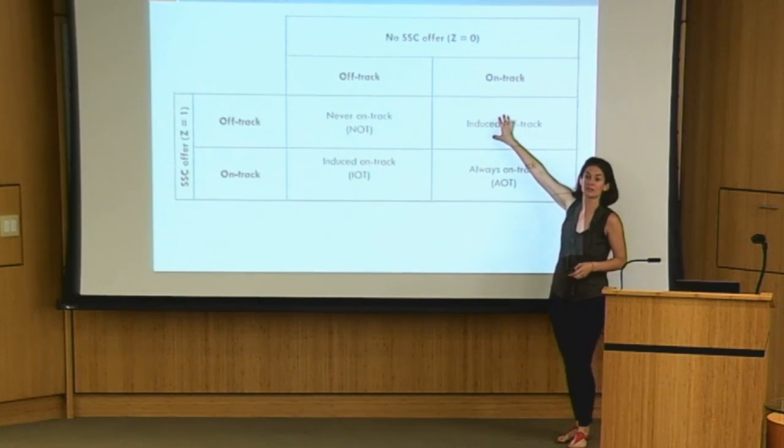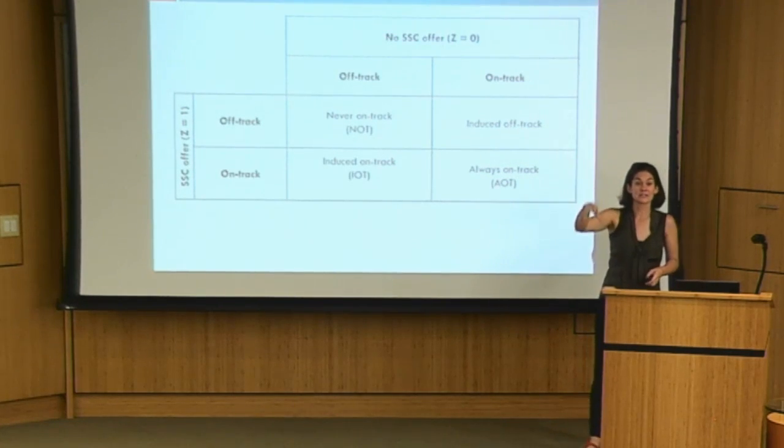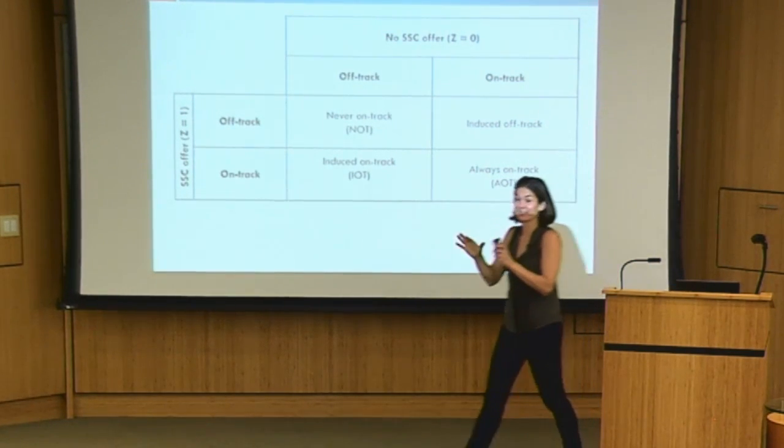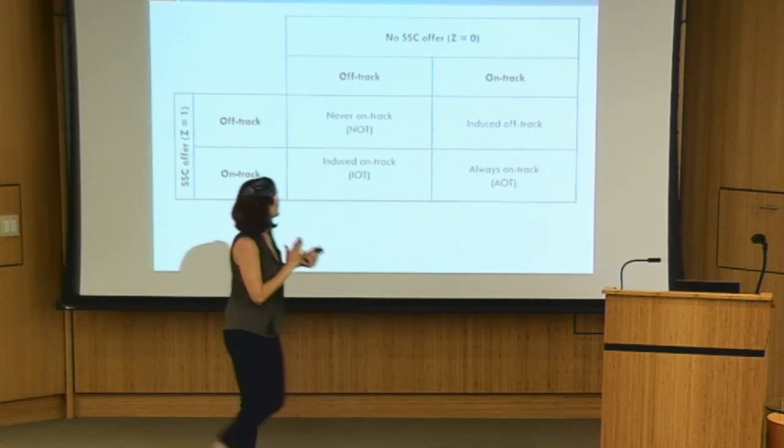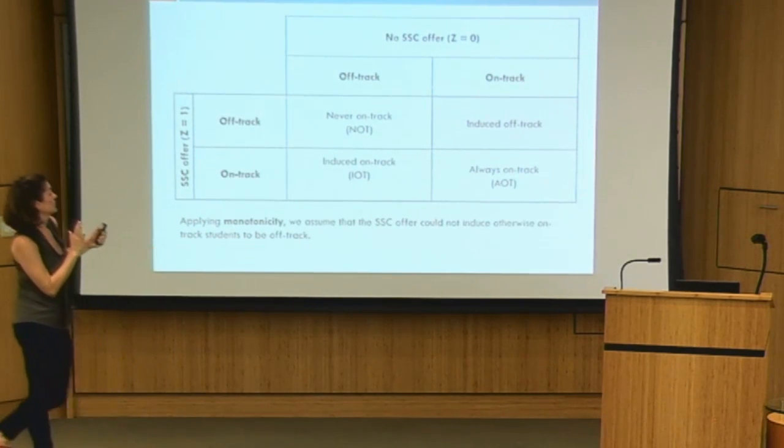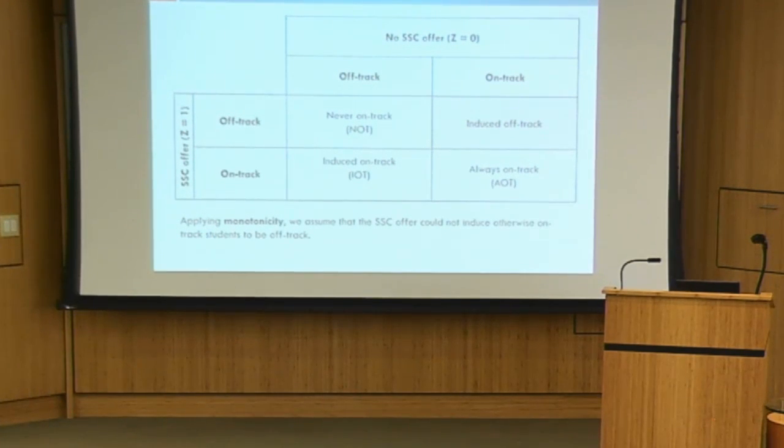And then we have students who are induced to be off track. As we discussed this morning, we should be careful with this assumption. Here, I'm going to apply the monotonicity assumption and assume that group away, but that could use more reflection, perhaps.